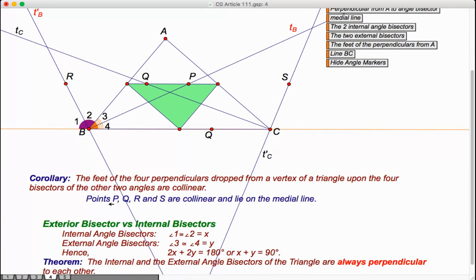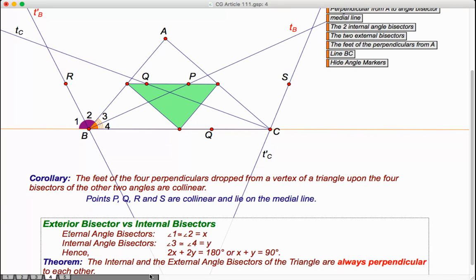The internal bisector at B is angles 3 and 4. Oops, this has to be internal. And the other one is external. So the external bisectors would be angles 1 and 2, and that's equal to x.